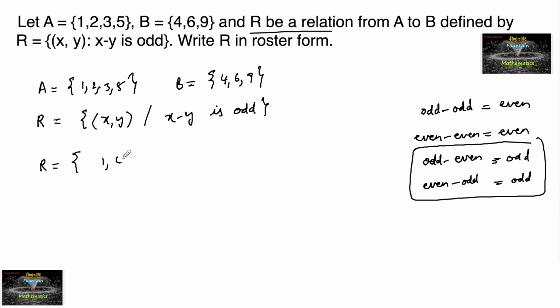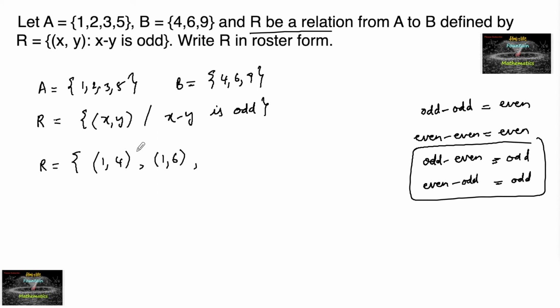So the relation R will contain 1 in the first set, and we need to see the even numbers. So (1, 4), so that 1 minus 4 is minus 3, a negative odd, and (1, 6) we can consider, and (1, 9) we cannot take, both are odd numbers, we'll get an even number.